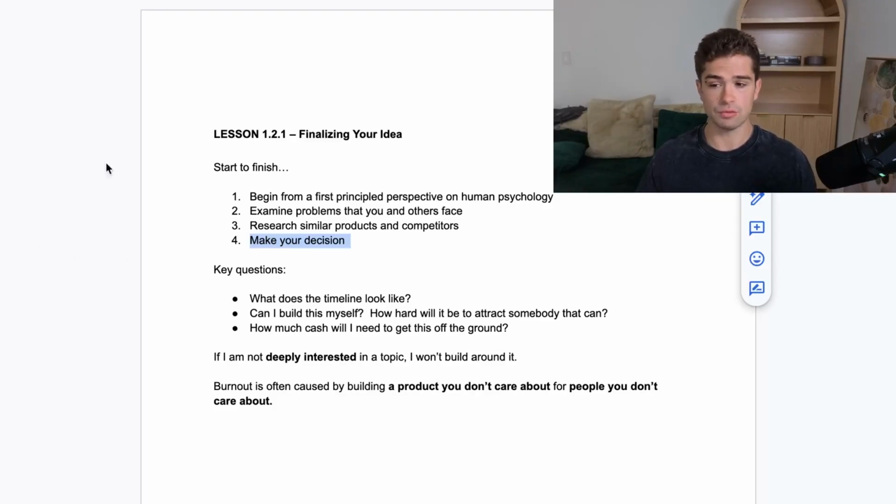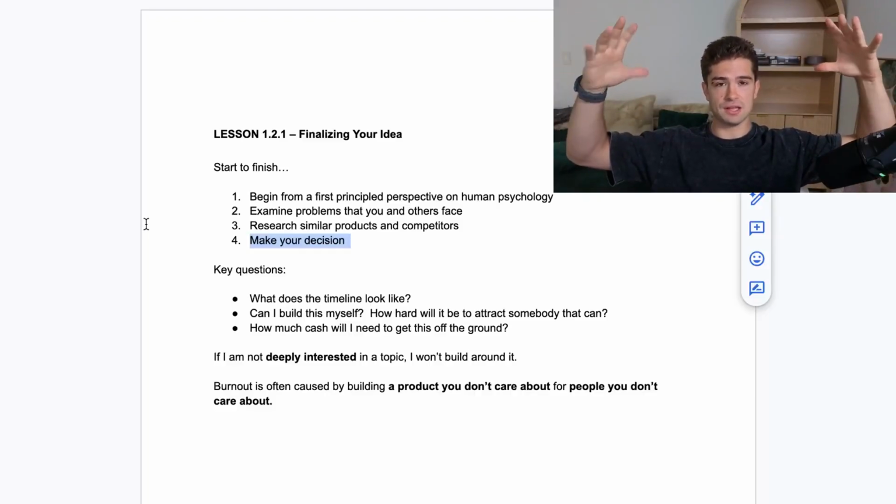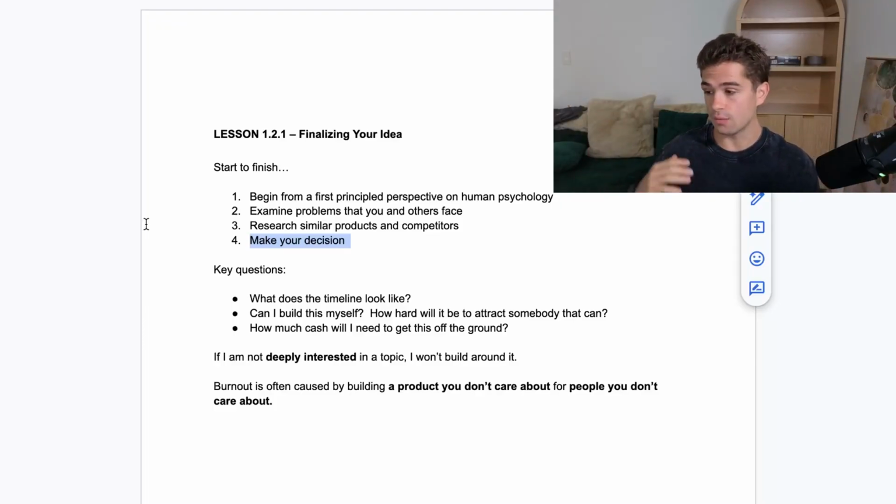Because if we remember when we were going over idea versus execution, this is looking at it from a macro perspective, right? Like, what are the resources and constraints that I have that will inform how I even come up with ideas? And now that you have this idea or these couple of ideas that you're considering moving forward with, you want to go back and apply the same frameworks and questions.